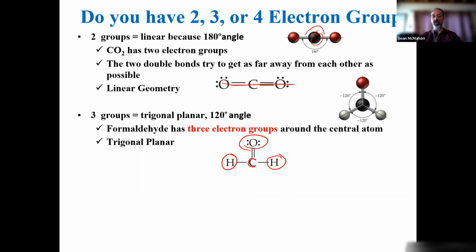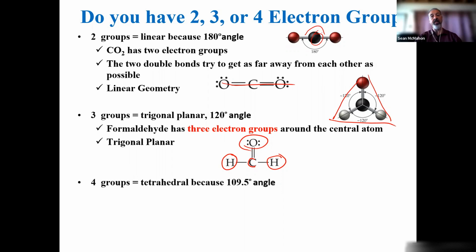Now, why is that trigonal planar? Well, if I look, there's 1, 2, 3 sides. So there's the trigonal. And a molecule that's trigonal planar with 3 groups is flat, so planar. So it's trigonal, 3 sides, planar, because it's actually a flat molecule, okay?